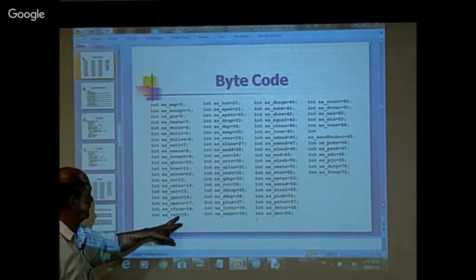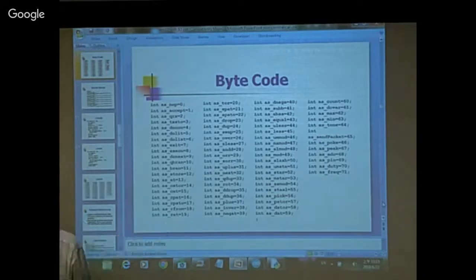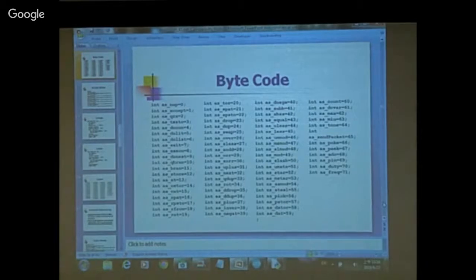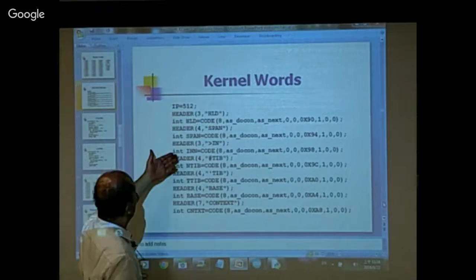For all these kernel words, you give it the header, compile the header, and then attach a list of bytecodes into the code field. So this is the way to construct all the primitive words using this code macro.